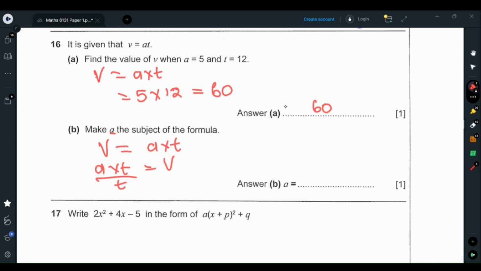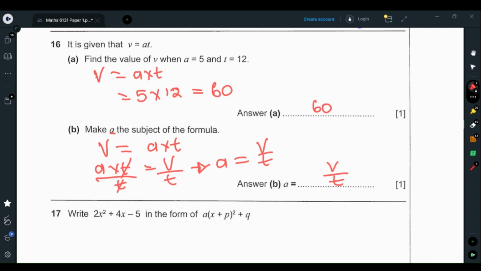Divide by t. If I do this on one side of the equal sign, I should do it on the other side. t and t cancel out, and I'm left with a on that side, and here I'll have v over t. So a is equal to v over t.